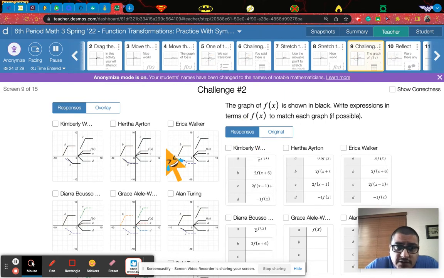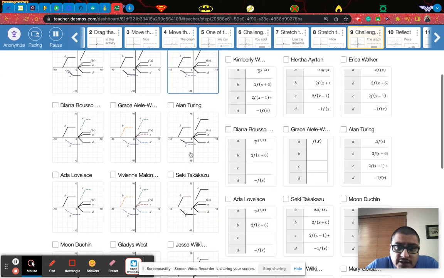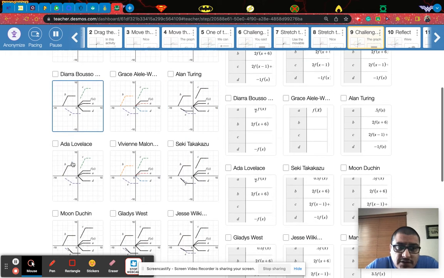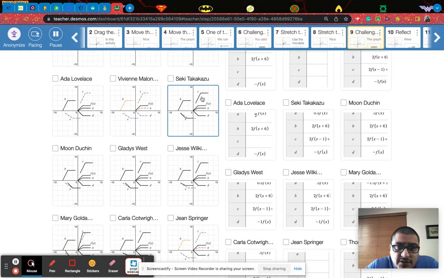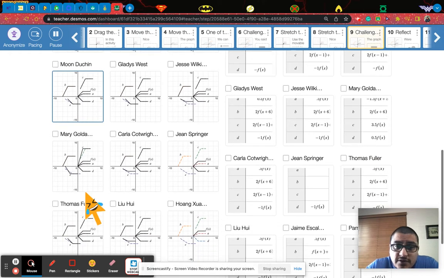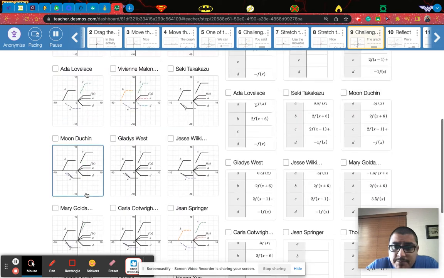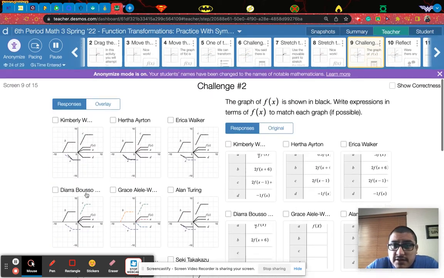Okay, now this one I noticed E being one of these graphs that's kind of impossible to get to. So a lot of students that did all the other ones were struggling to get E, and I tried it too, and it was very difficult to get it to match. But it actually wasn't a perfect match.